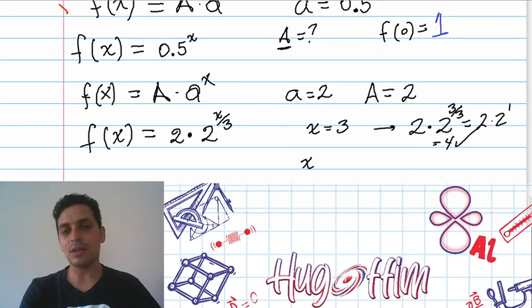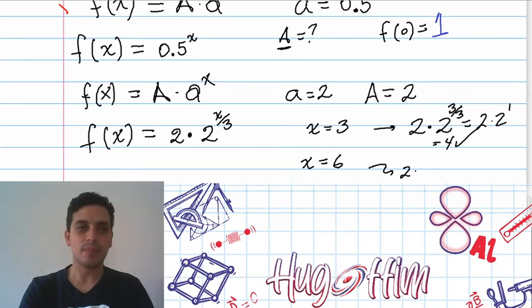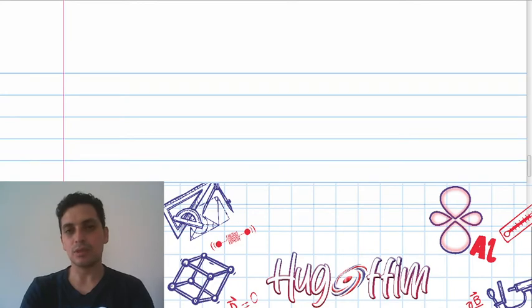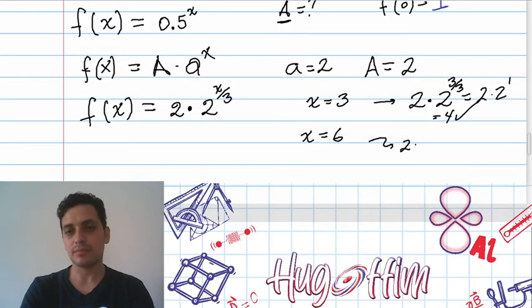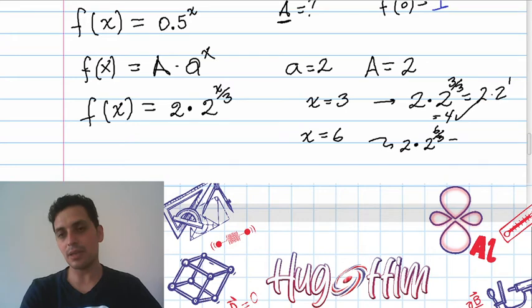Now, when x equals 6, 2 times, let me include a new page so you can see it properly. Yep, when x equals 6, 2 times 6 divided by 3, 6 divided by 3 is 2, so 2 times 2 to the second power.